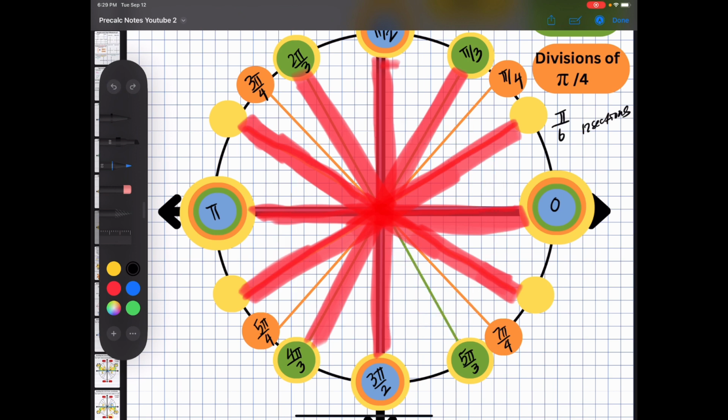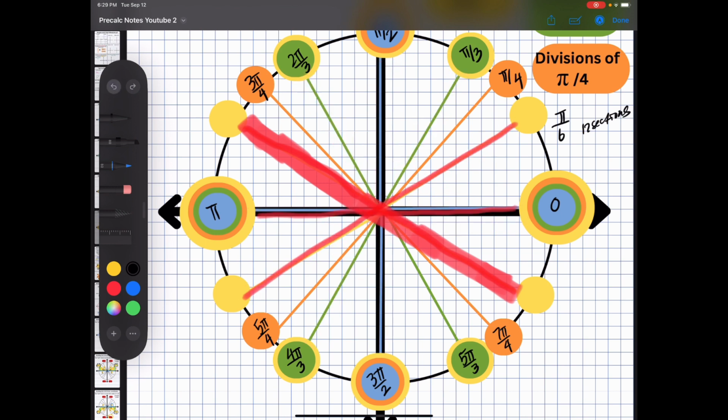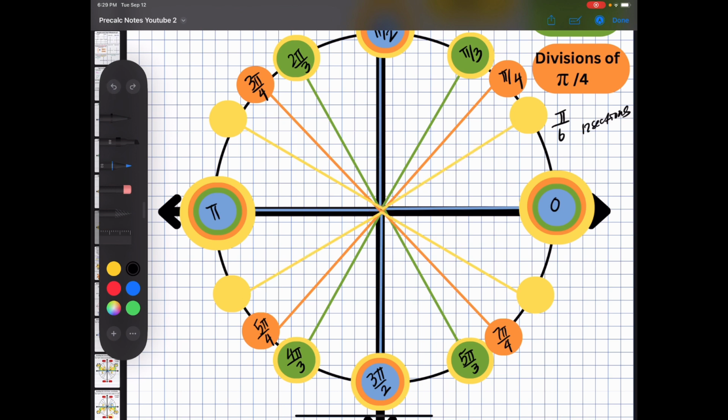Okay, so now that I have all 12 sections, we're going to go in and fill in all of our missing angles.